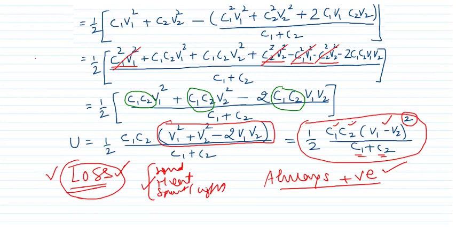Means if capacitor 1 has some energy U1, and capacitor 2 has energy U2, then U1 plus U2 will be greater than the energy we get after the combination, which is U dash. So there will always be loss of energy, and the loss of energy is given by this expression, C1 C2 over C1 plus C2, V1 minus V2. So this is all about the loss of energy when two capacitors are joined together.